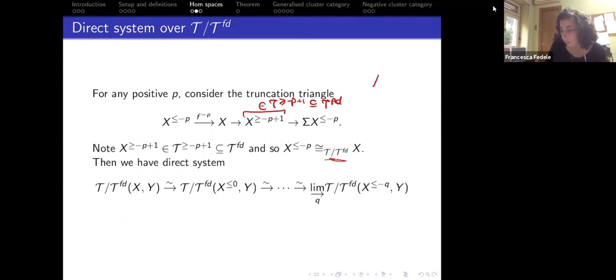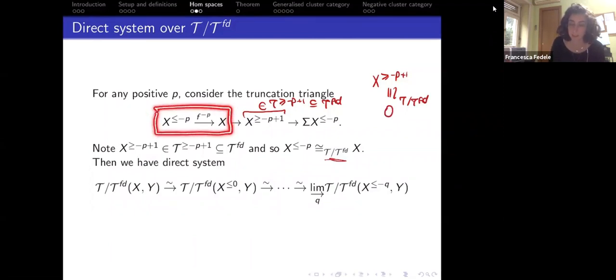So basically we have that X bigger or equal to minus P plus 1 is isomorphic over this Verdier quotient to 0. But then that means that this is an isomorphism over T over TFD. So X is isomorphic to any of these X less than or equal to minus P for P positive.